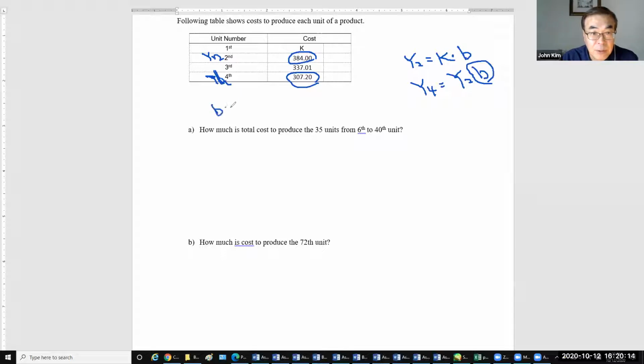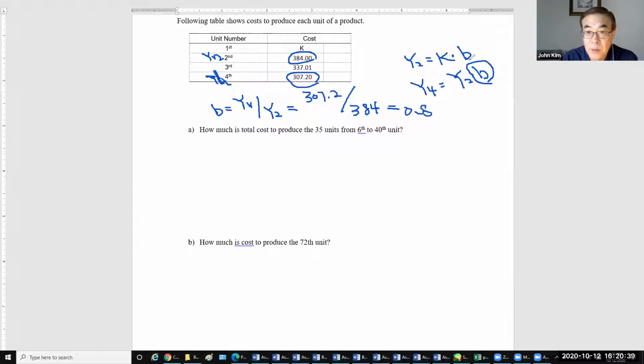B equals y fourth divided by y second. That will be 307.2 divided by 384, so that will be 0.8.